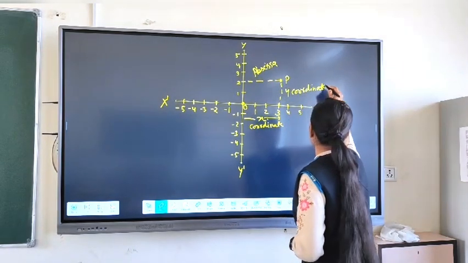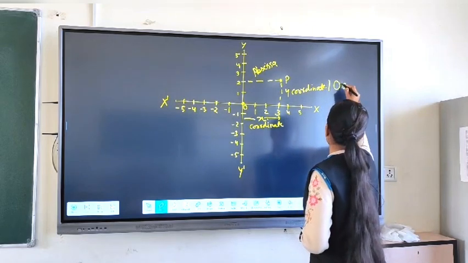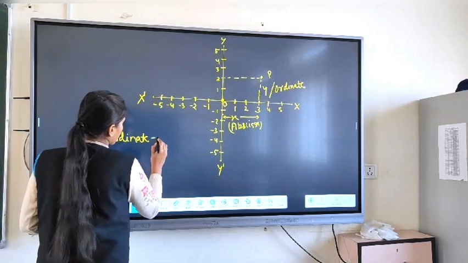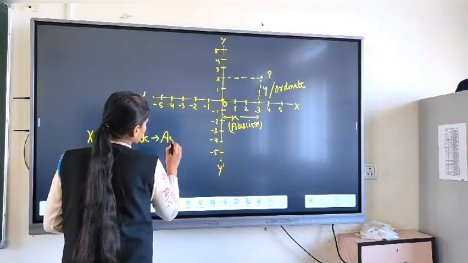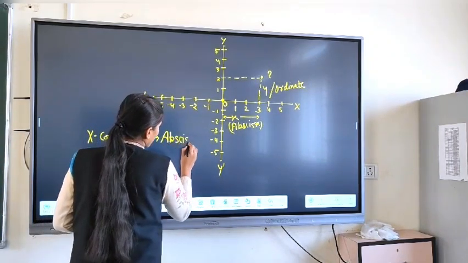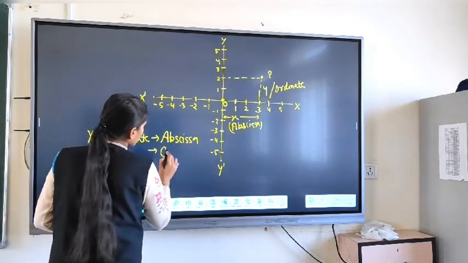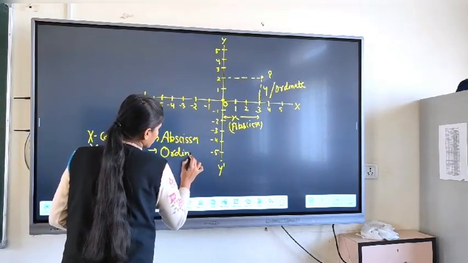We can also say it ordinate. X-coordinate we have called abscissa, and y-coordinate we have called ordinate.